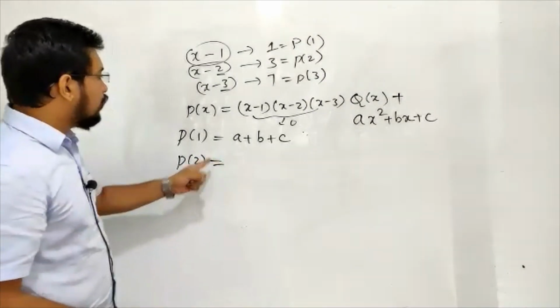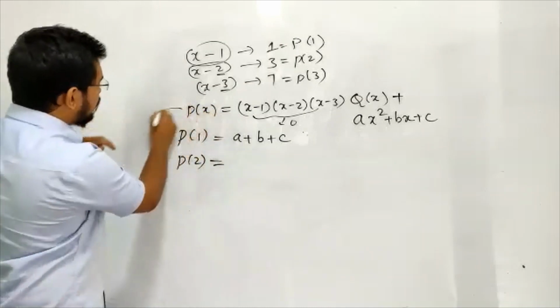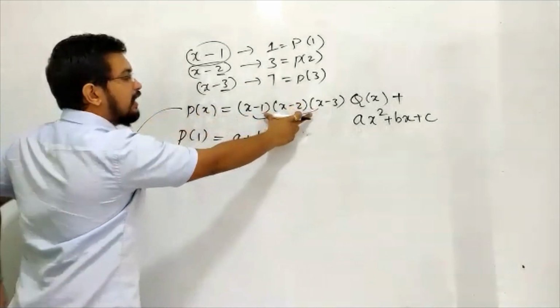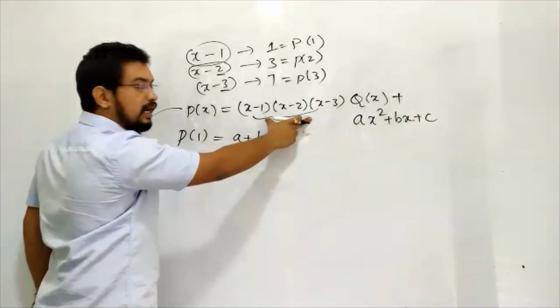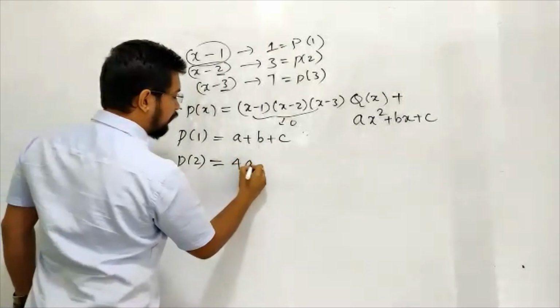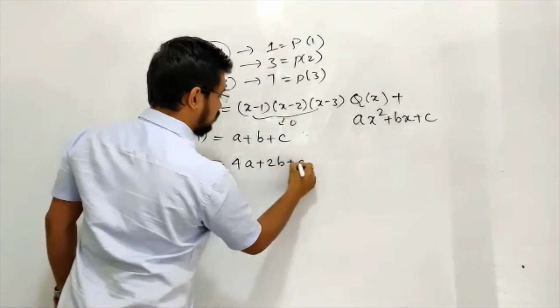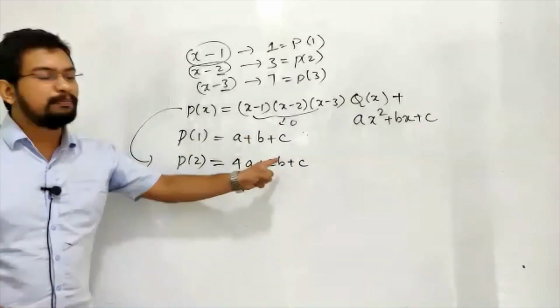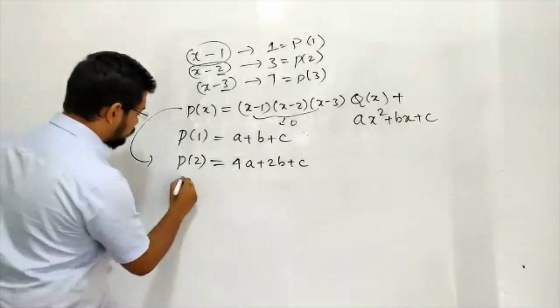P of 2: take this equation and substitute 2 on both sides. Again this part will be equal to 0, and you will be getting 4a plus 2b plus c. P of 1 is a plus b plus c. P of 2 is nothing but 4a plus 2b plus c. Now what is p of 3?